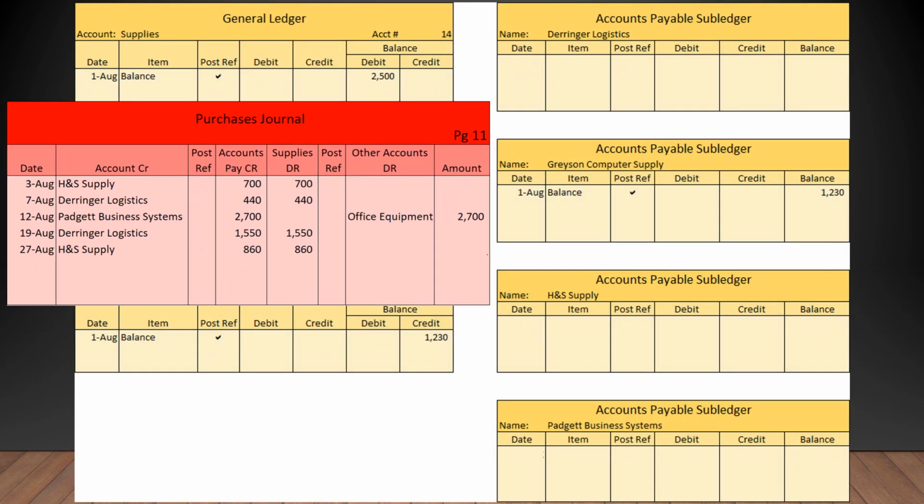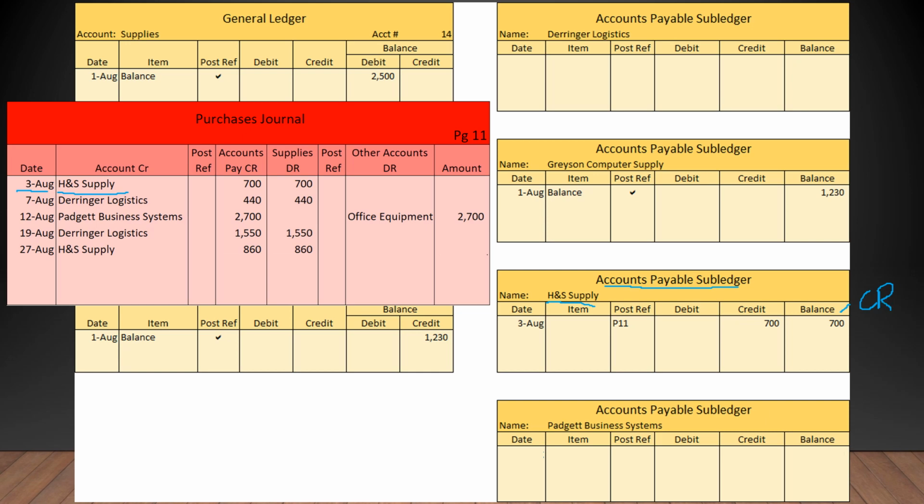Our purchases journal explained, we can now post to our subledger. Our first transaction for the month was on August 3rd for H&S Supply. So we post to that particular account subledger. The balance in the far right column indicates a credit balance because these subledgers are for accounts payable.